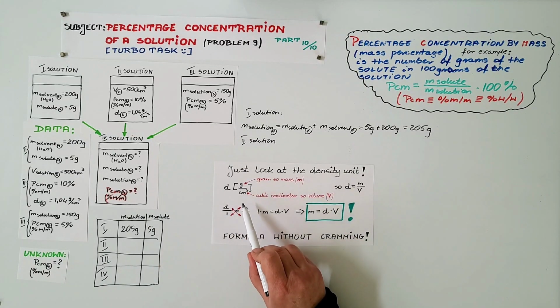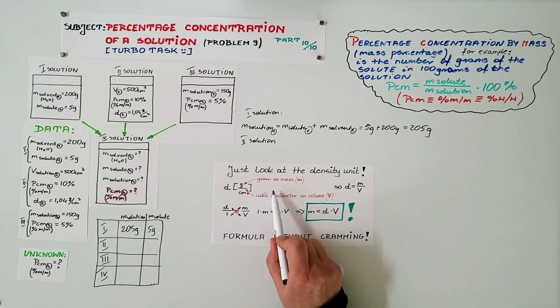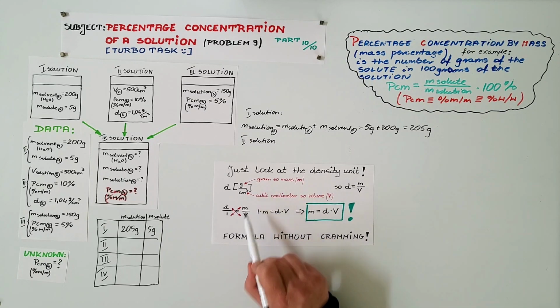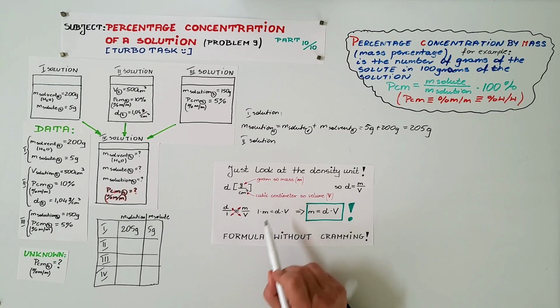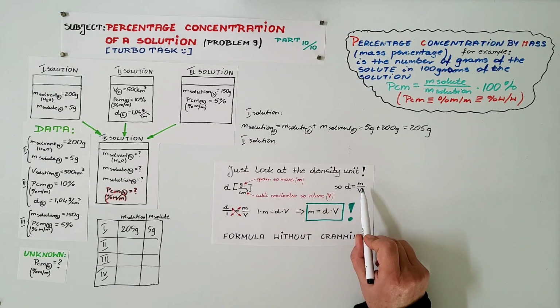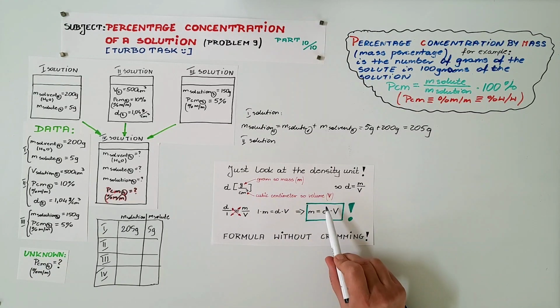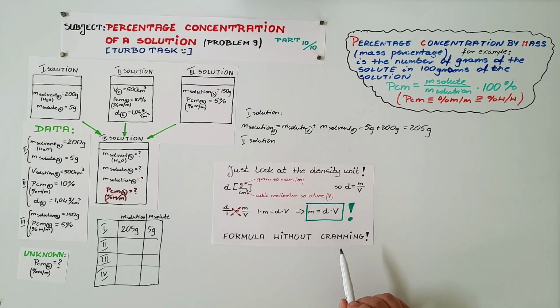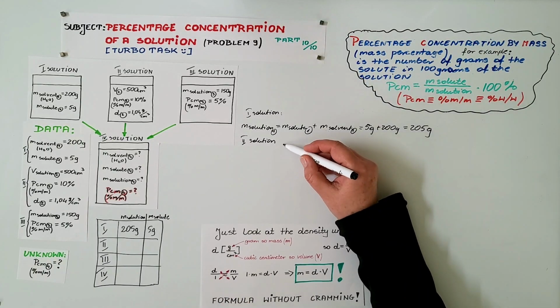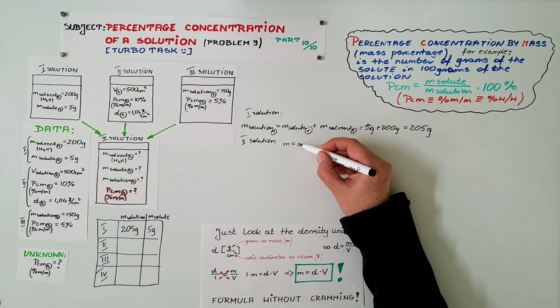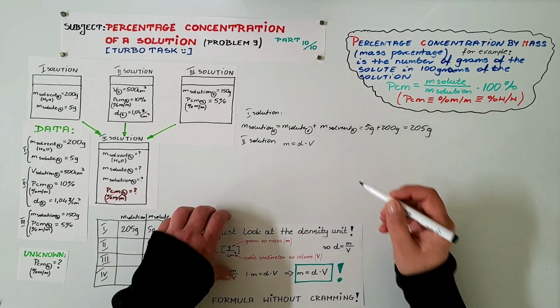For example, gram per cubic centimeter. Gram, so mass. Cubic centimeter, so volume. So D equals M per V. So now we know, after transforming this formula, that M, mass of solution, equals D times V.